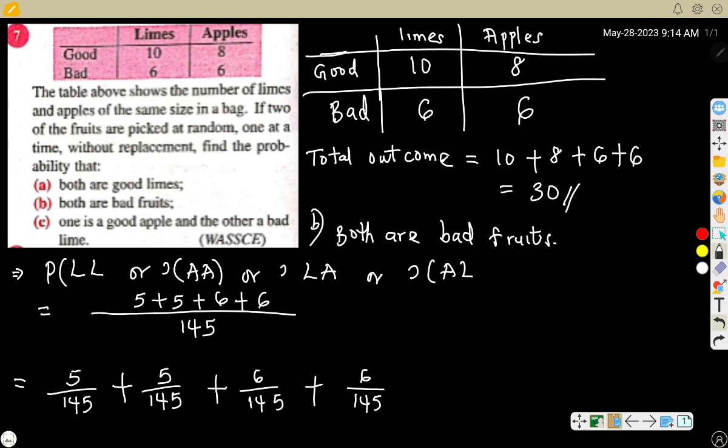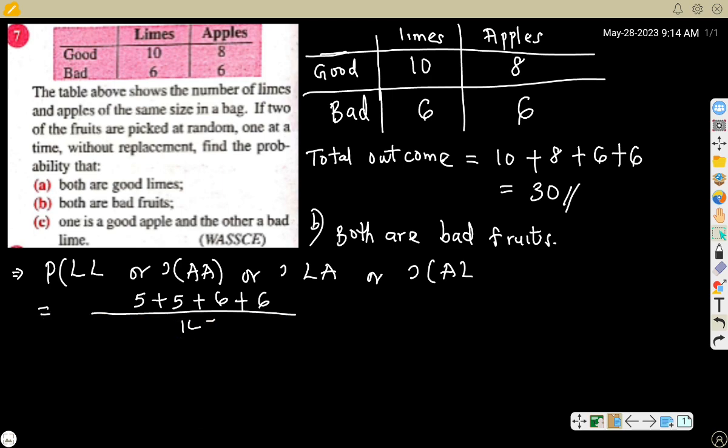So that is 22 over 145. So that is the answer for the second one, for both are bad fruits. So 22 over 145. Now let's see the C part.